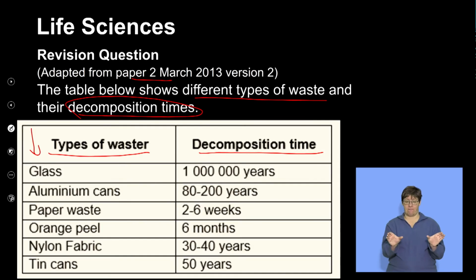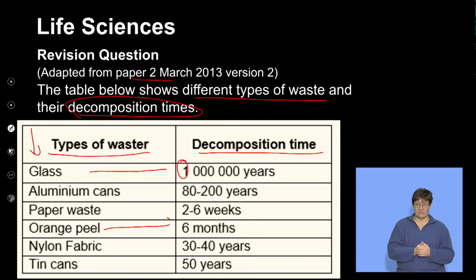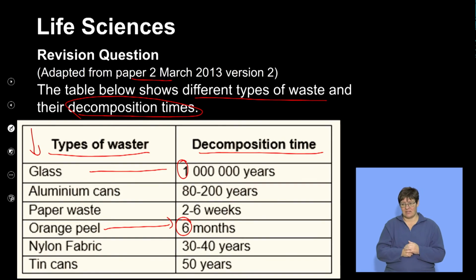It's important that you recognize how long it takes for some of these waste products to decompose or degrade. And so that's a concern. An example would be glass takes about 1 million years to decompose. And if we compare that to orange peels, that takes 6 months. So that, again, is important information when we refer to biodegradable and non-degradable waste products.